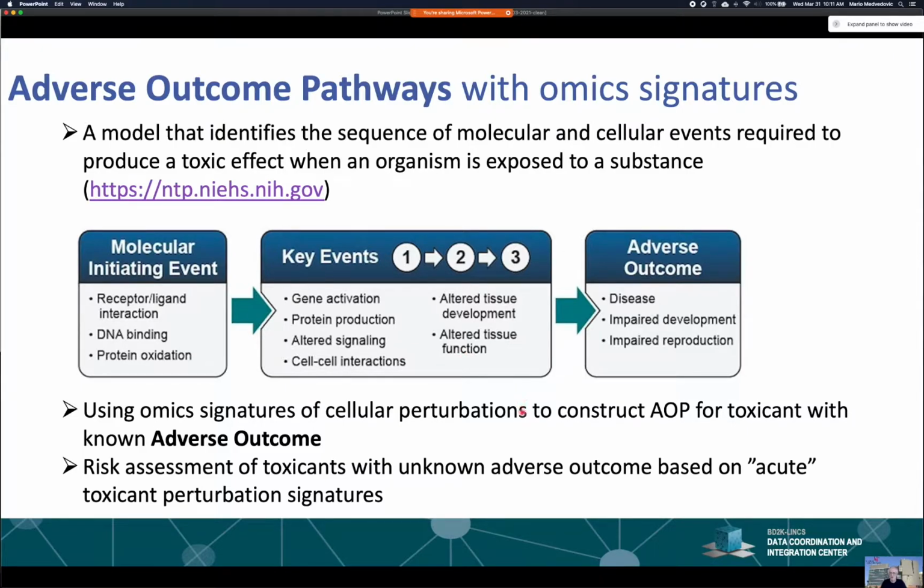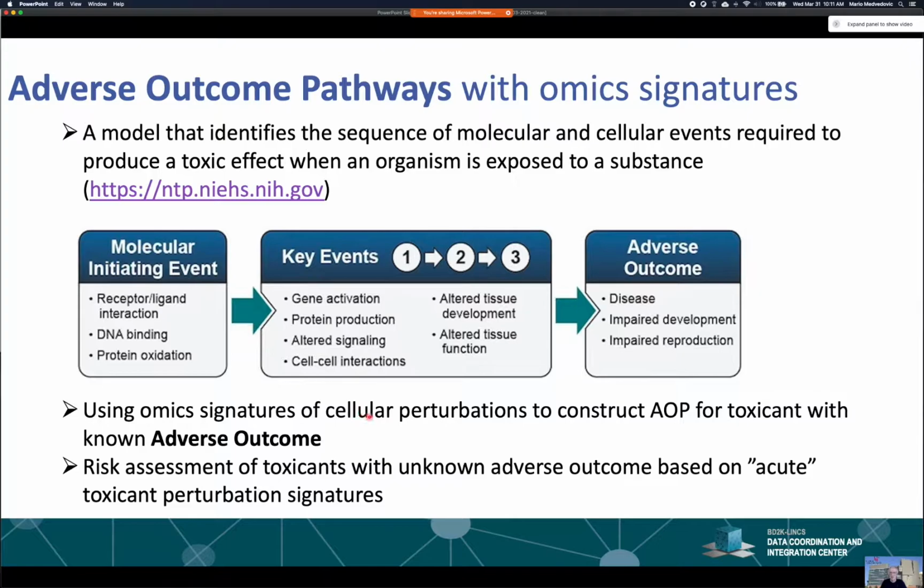So we will basically use signatures of different perturbations that we know what they kind of do in some sense, either which part of the biological system they are perturbing or what kind of adverse outcome they are leading to.